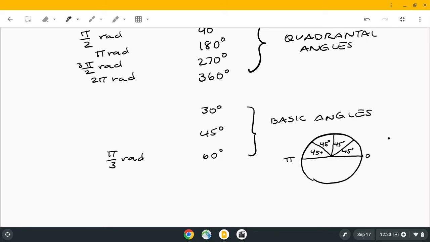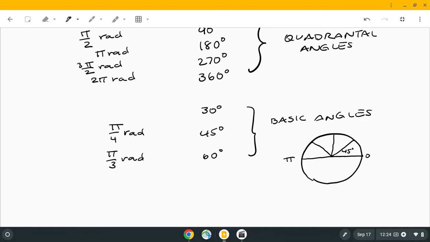So if we only have that one, then we only have 1/4 of pi. So 45 degrees is 1/4 of pi, right?